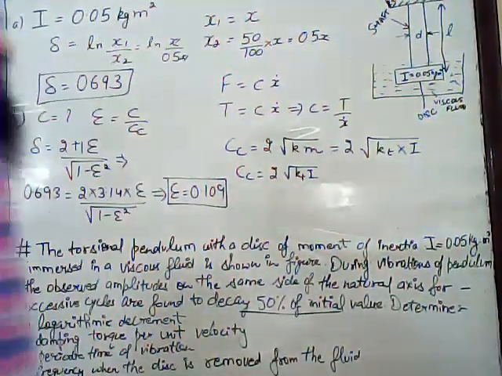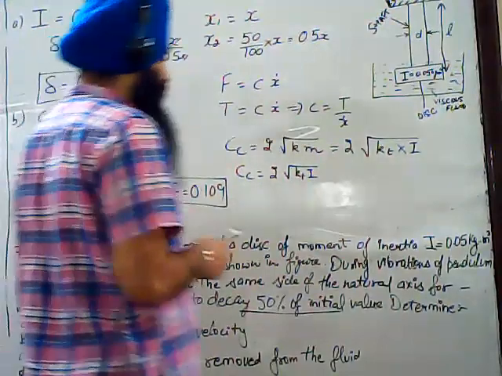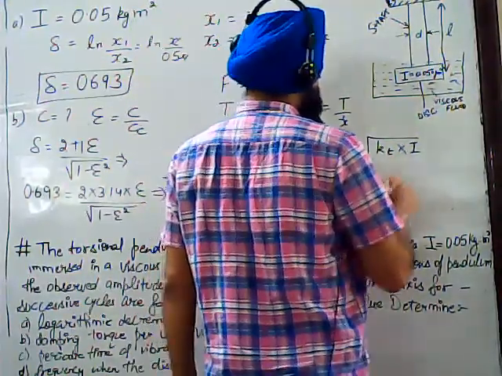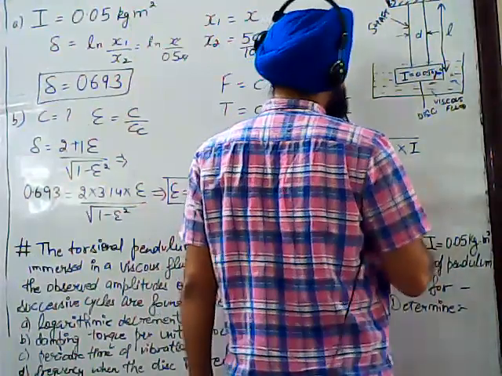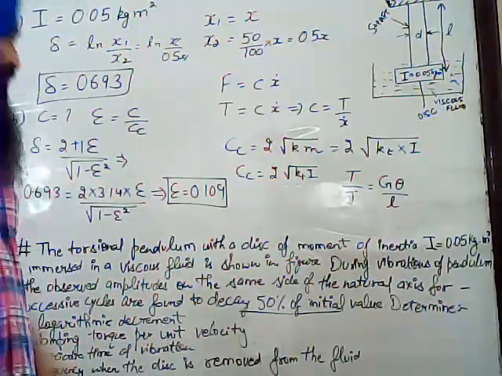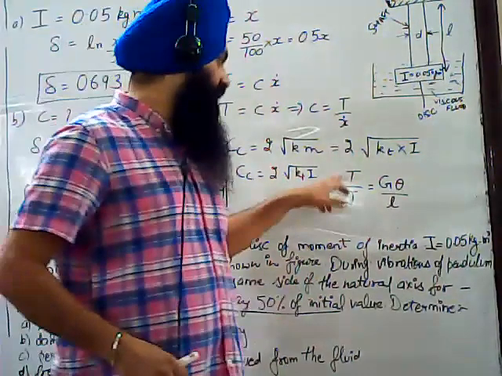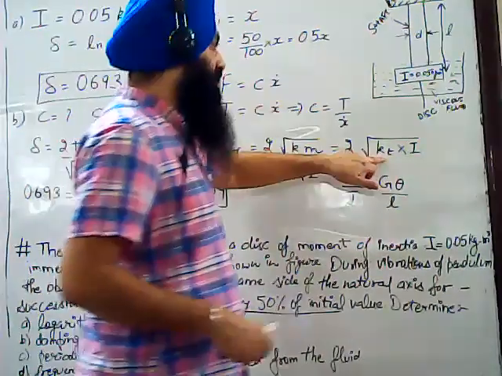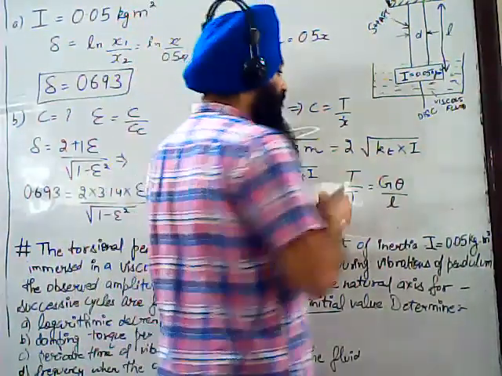We know that from the torsion equation, T by J is equal to G theta by L. And torsional stiffness Kt will be equal to T by theta.